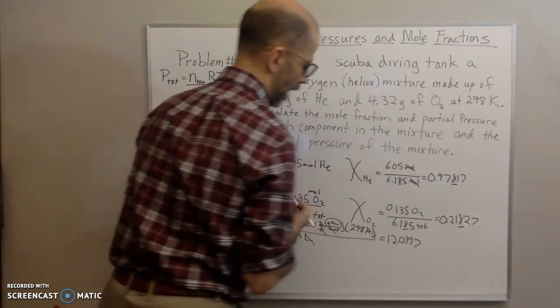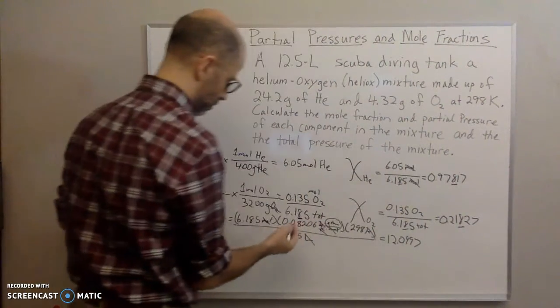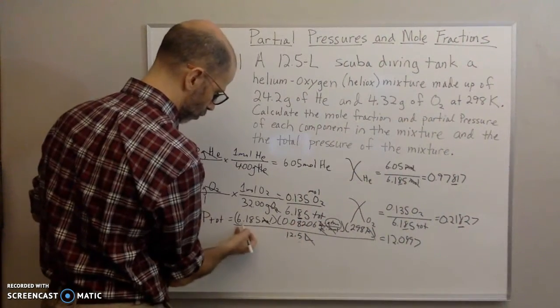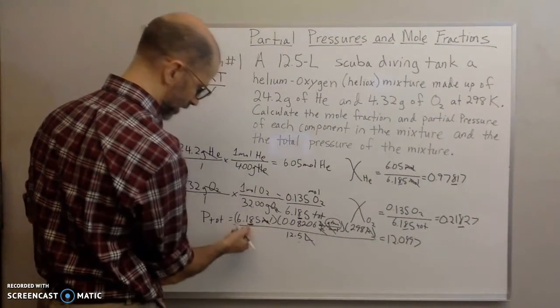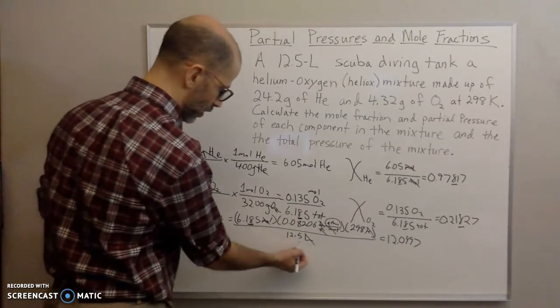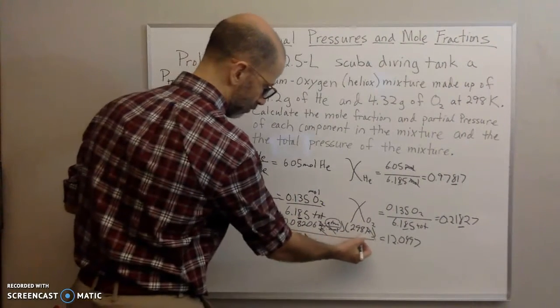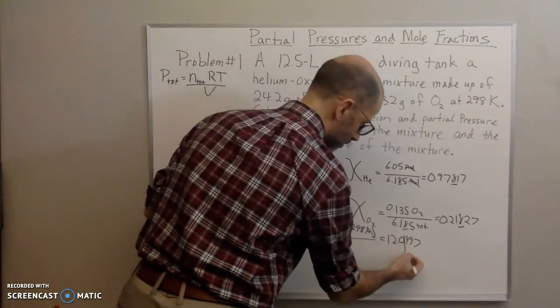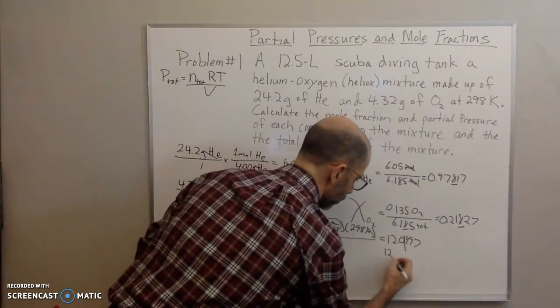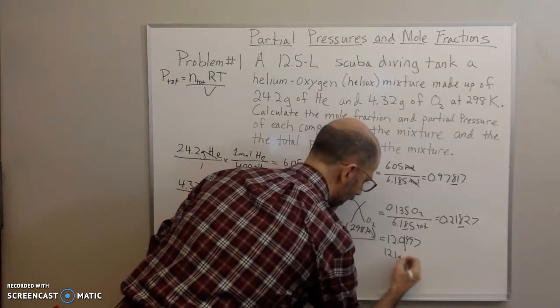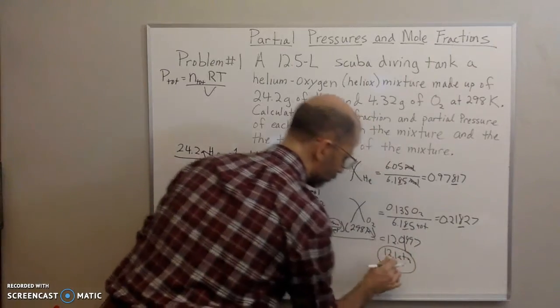That's the exact number I got before. So remember the sig figs: 3 here, 3 here, 4 here, and 3 here. So the least number is 3. So 12.1 atmospheres is the answer for the total.